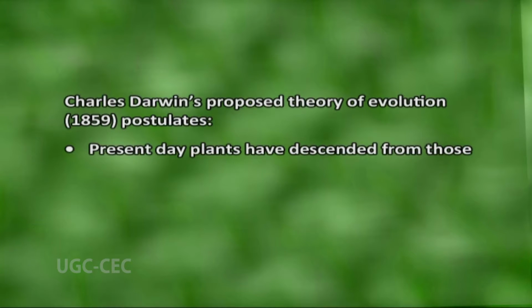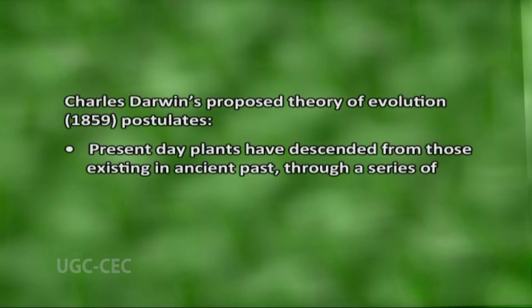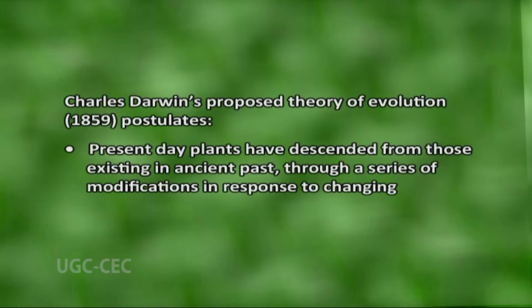Charles Darwin's proposed theory of evolution in 1859 postulates that present-day plants have descended from those existing in the ancient past through a series of modifications in response to changing environmental conditions, which means that all present-day plants are related to each other in one way or another. Thus, closely related plants should naturally be grouped together. This is called natural classification.